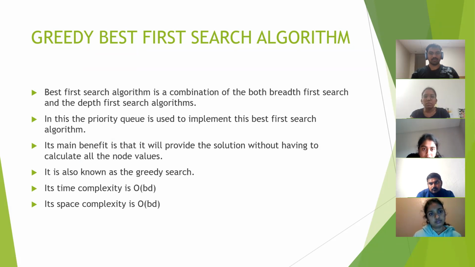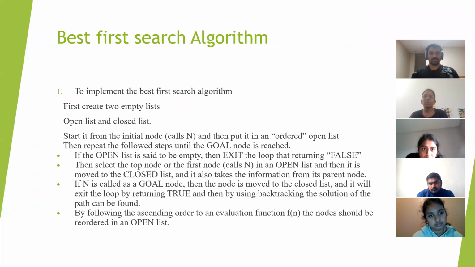Now we are going to see the algorithm and how we are going to implement it. In the first step, we create two empty lists, an open list and a closed list, and start from the initial node, called n, and put it in an ordered open list, then repeat until the goal node is reached.